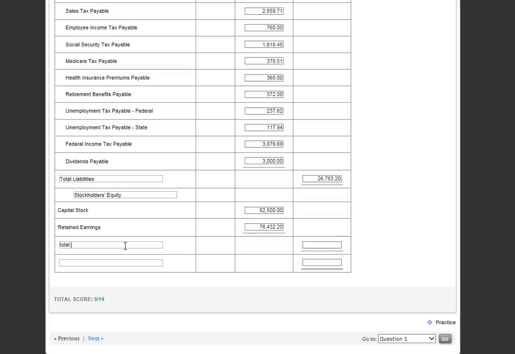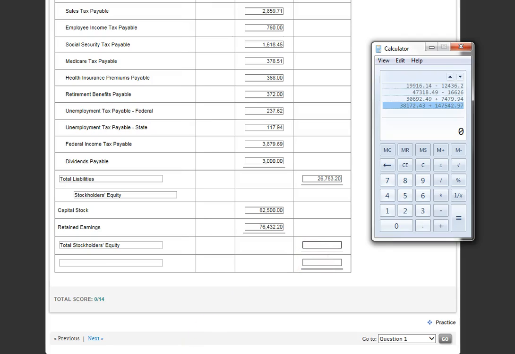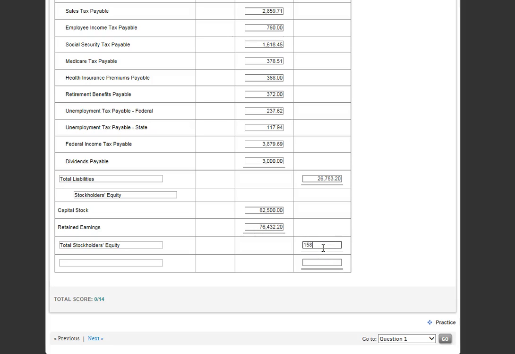Total stockholders' equity. Add those two together. Nope, 158,932.